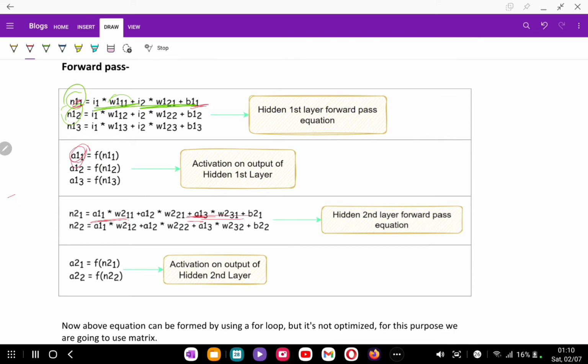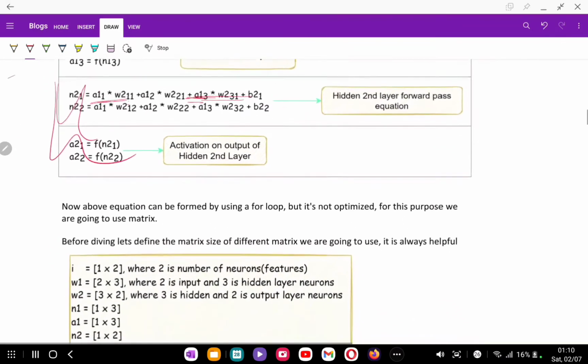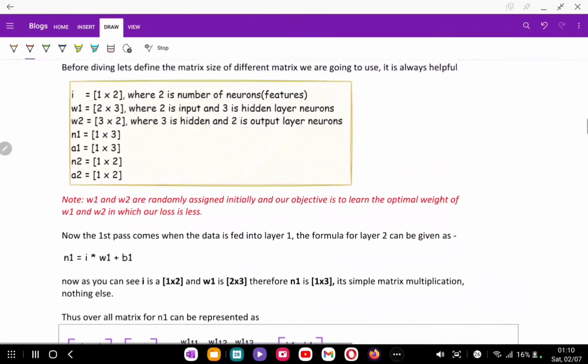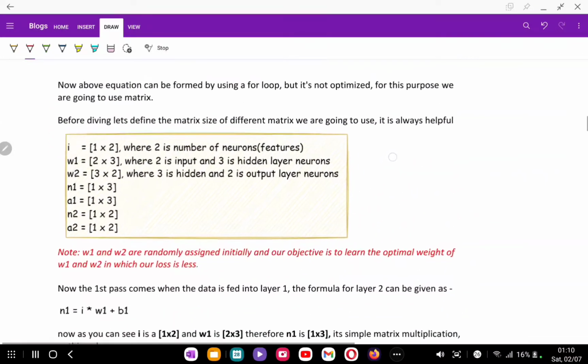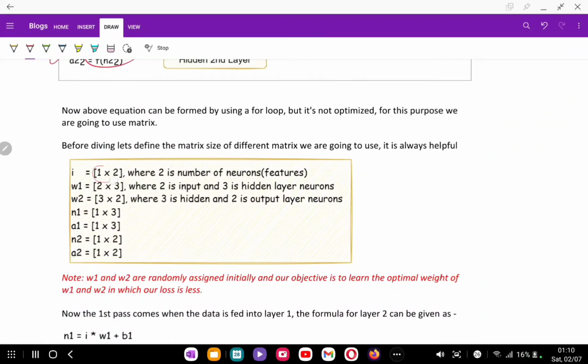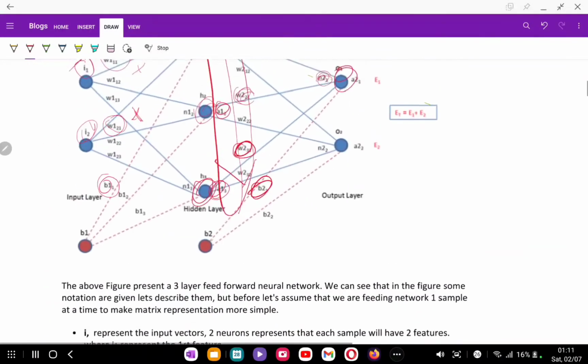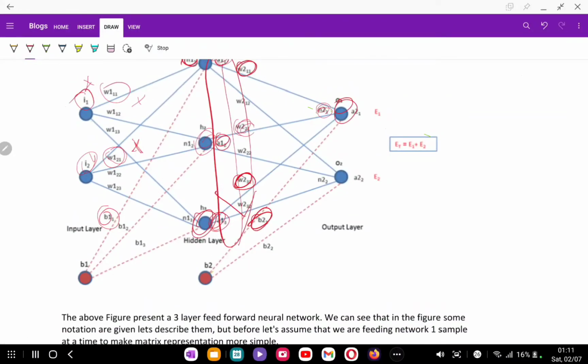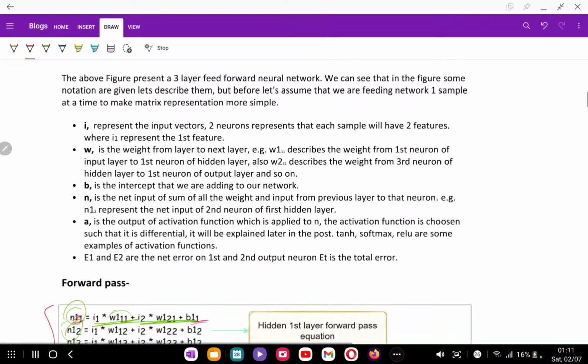So all the equations that we have seen here can be summarized in matrix form, which is easy to compute when we are dealing with computers. So I is a 1 by 2 matrix. Why? Because we have 2 neurons here, right?